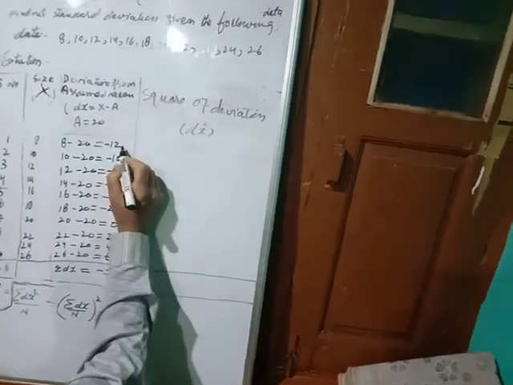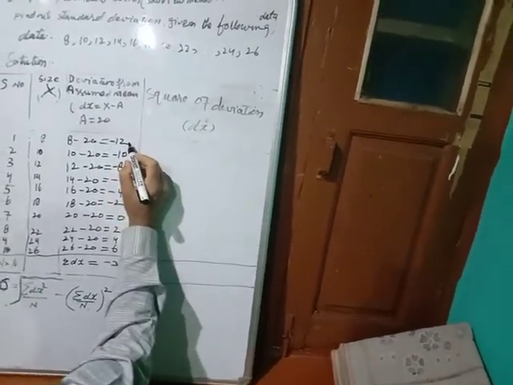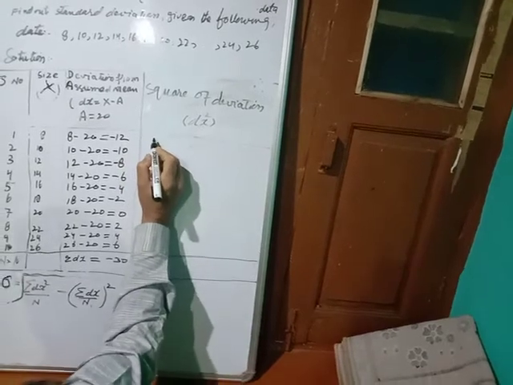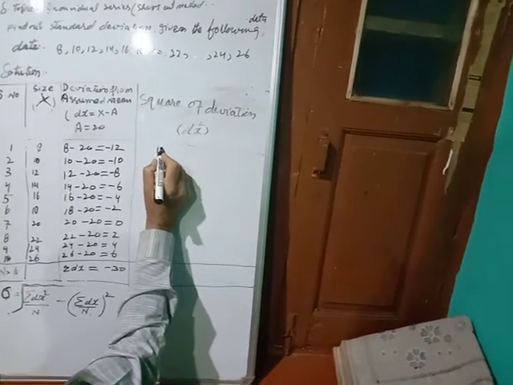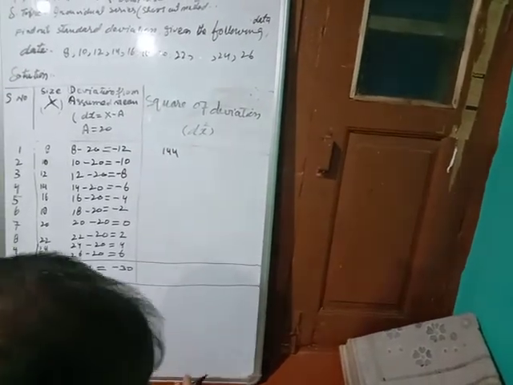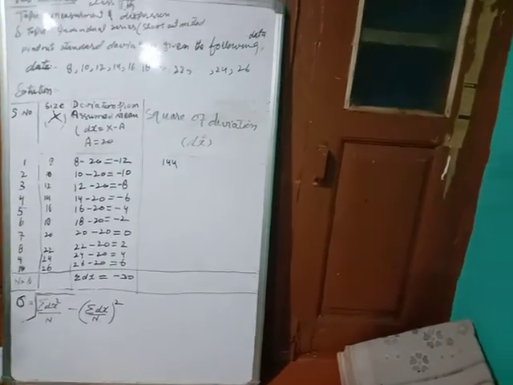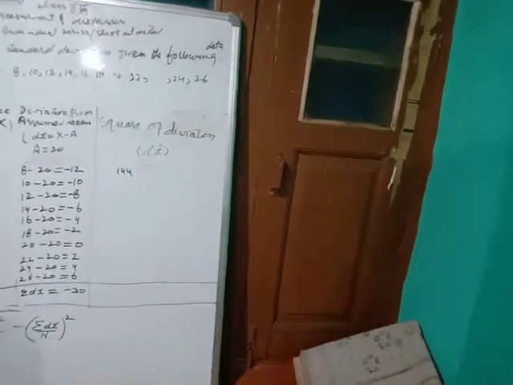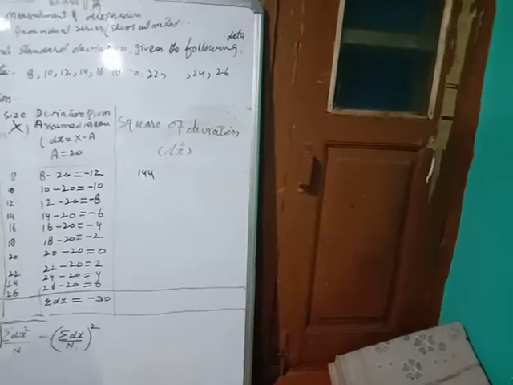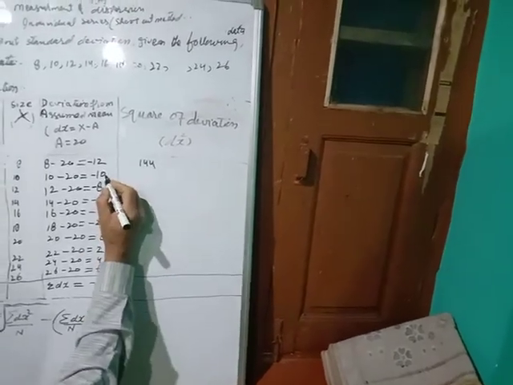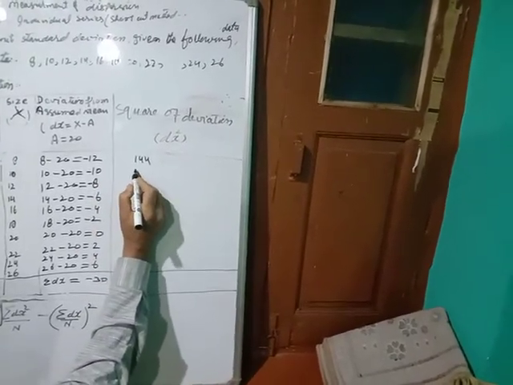Here minus 12 into minus 12 is equal to 144. Minus 10 into minus 10 is equal to 100.